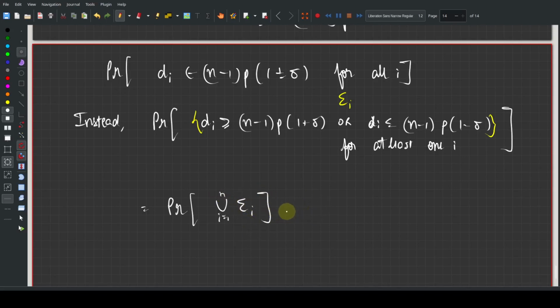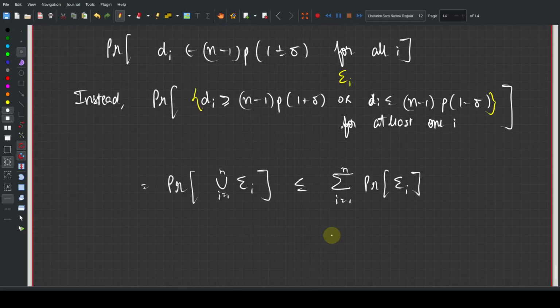Now what can I do with this? I can simply use the union bound, which is less than or equal to the summation from i equal to 1 to n of the probability of E_i. Great. Now what about each E_i? Firstly, are the E_i's independent? No, they're not. But are they identically distributed?